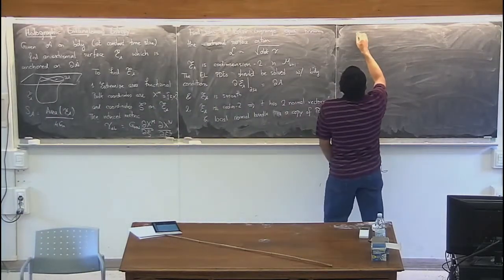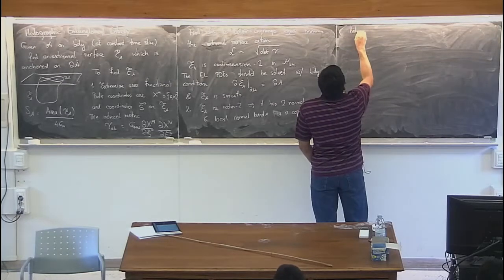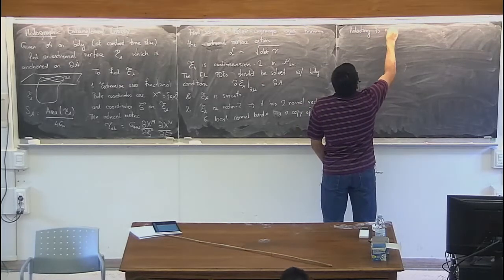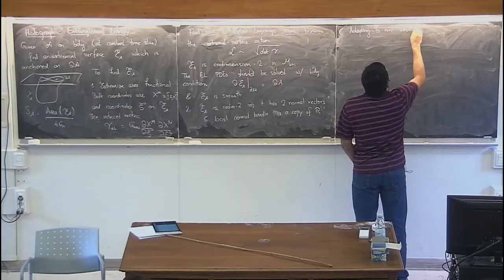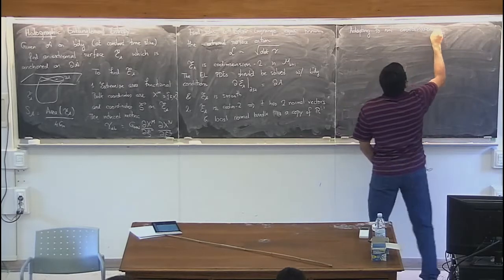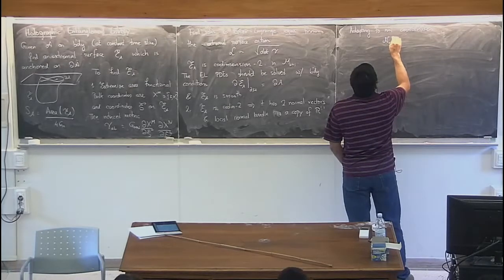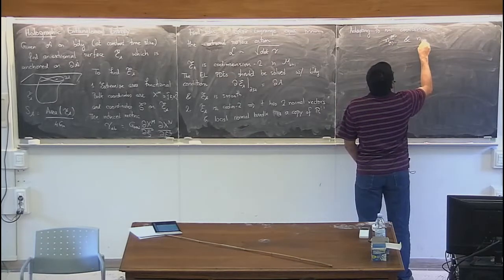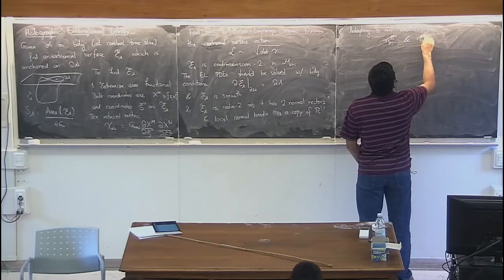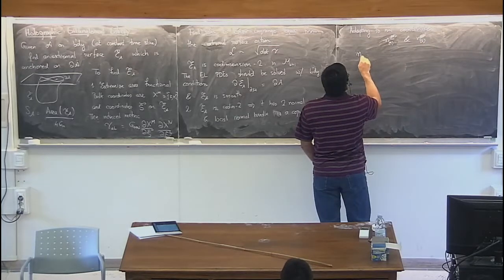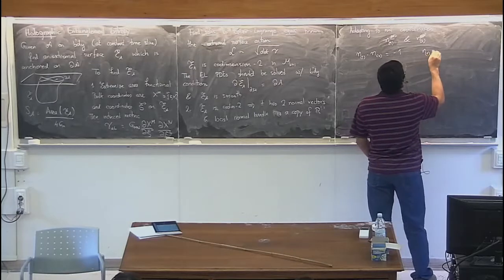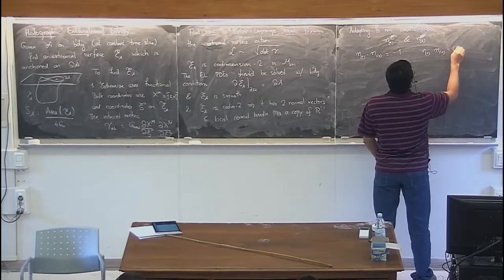It means that we can pick the normals adapted to null coordinates. Let me take the normals to be N_1^M and N_2^M, with N_1·N_2 equals -1, N_1·N_1 equals 0.